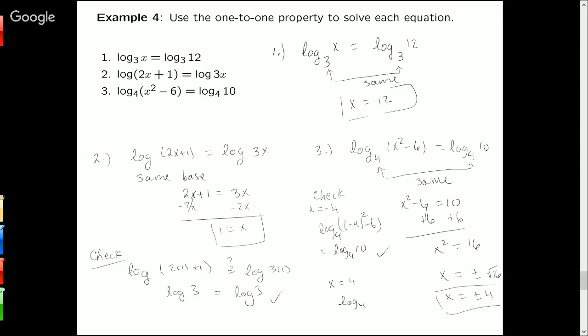You're going to have log base 4 of 4 squared minus 6. What is 4 squared? 16 minus 6? 10. Is that the same? Yeah. They all work. We are going to actually get to the point where they don't all work. And then you have to be careful about what you tell me your answer is. So check them.